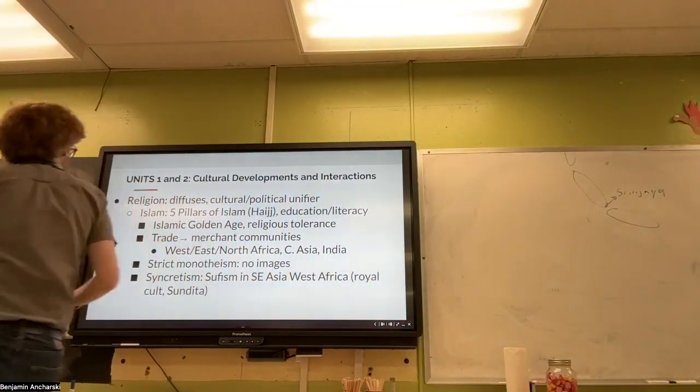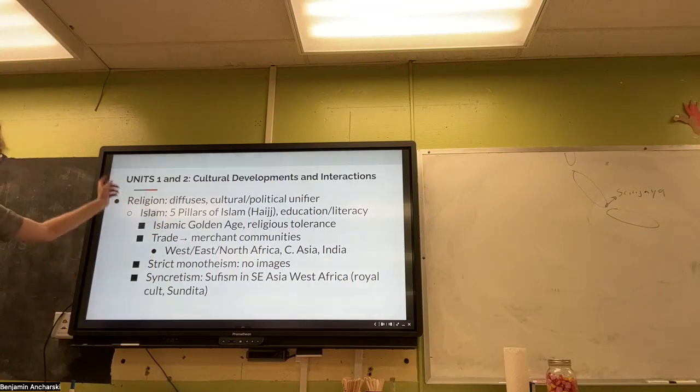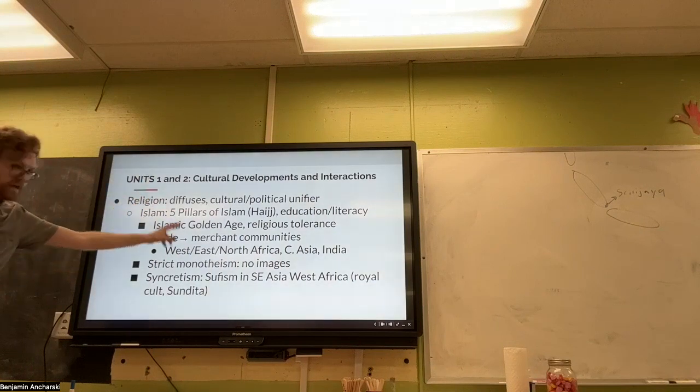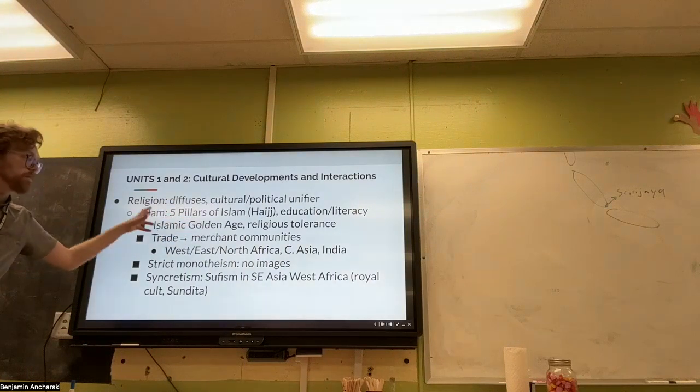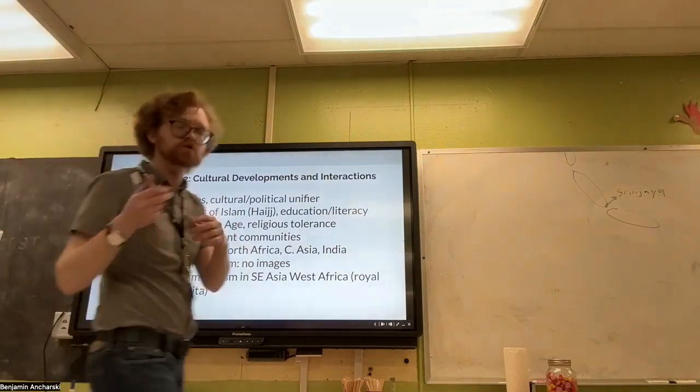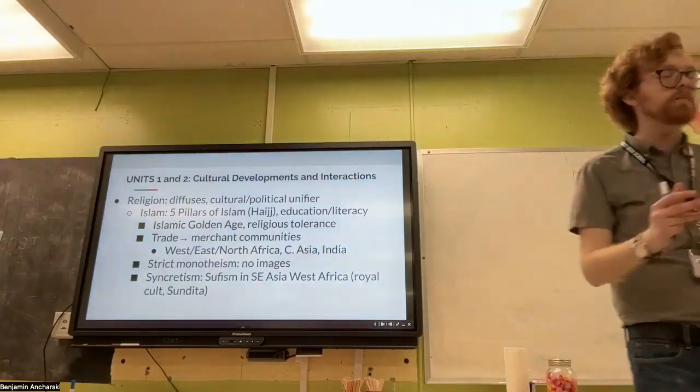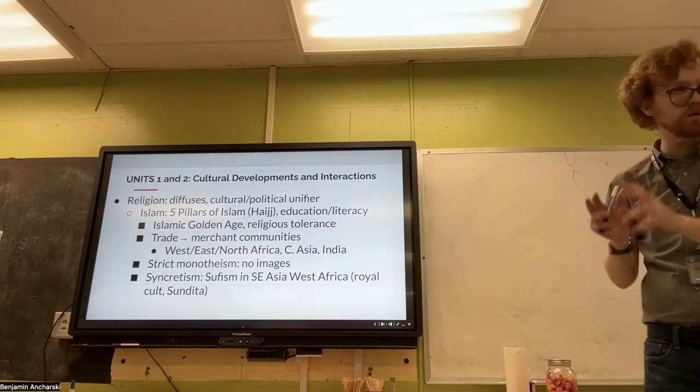Another kind of thing about Islam is that it tends to spread via trade. I hate saying the word trade and diffusion, but I'm going to keep saying it. Trade leads to the diffusion of religion. But specifically, how does that happen? Well, as people are moving and trading, oftentimes they are forming merchant diasporic communities.